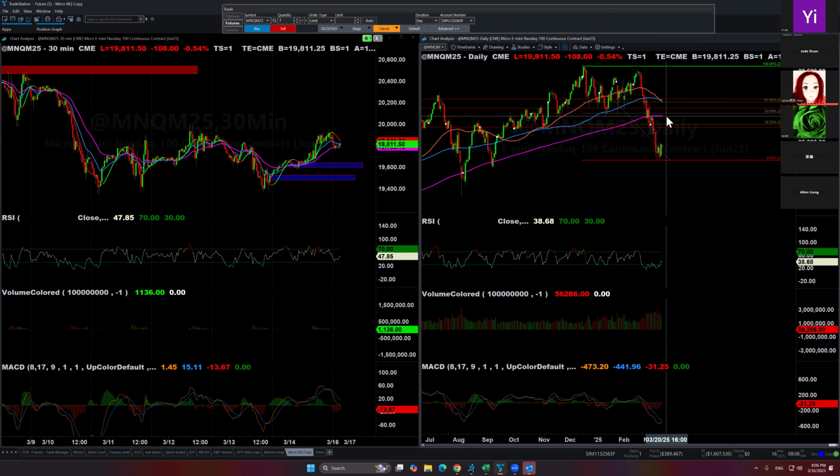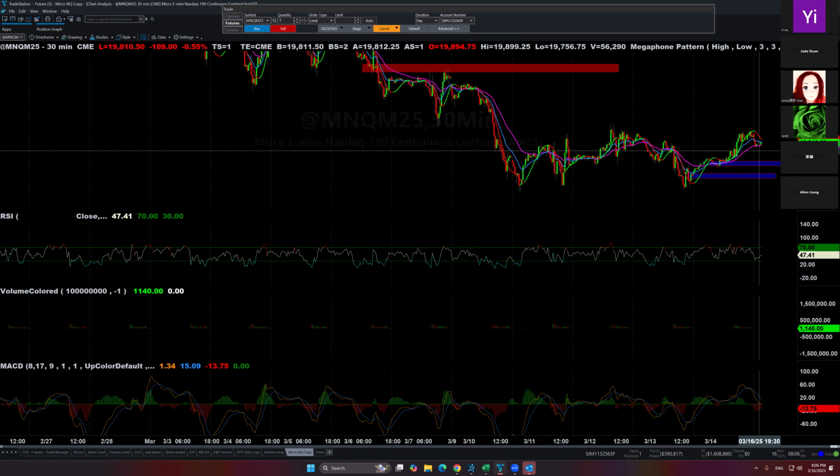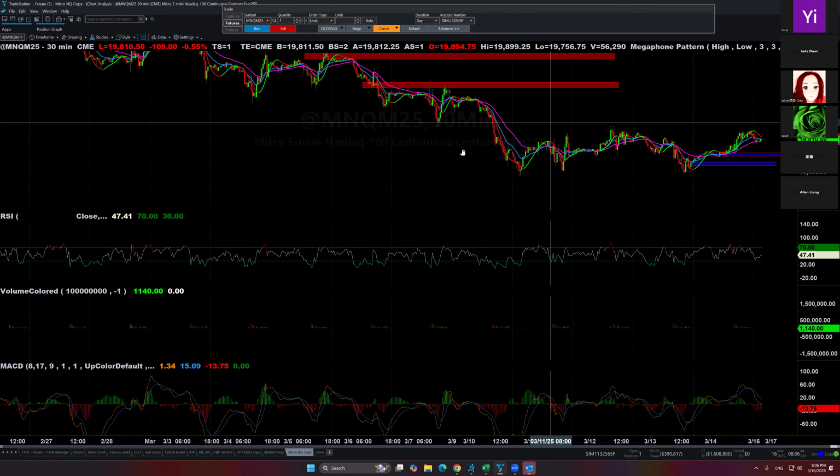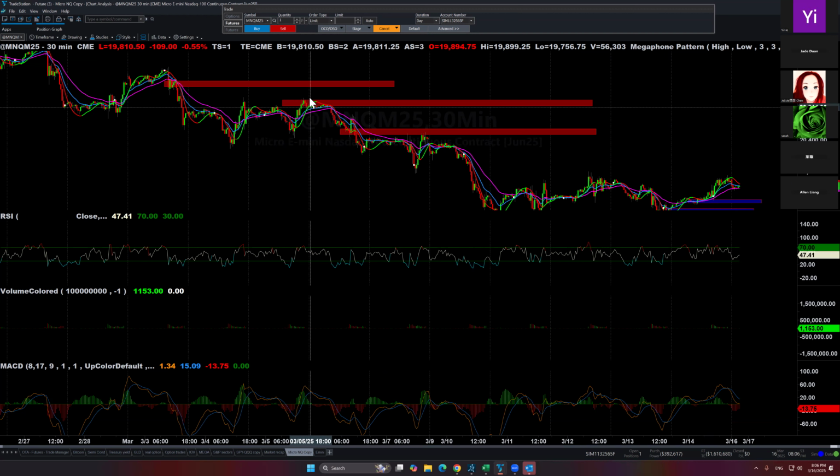So anyway, that's what I'm leaning, but it doesn't mean it will happen the way I want, right? That's why we give some resistance levels, and worst case scenario, we could just hit here and start to go back down. But in reality, I'm more interested in the upper two levels.